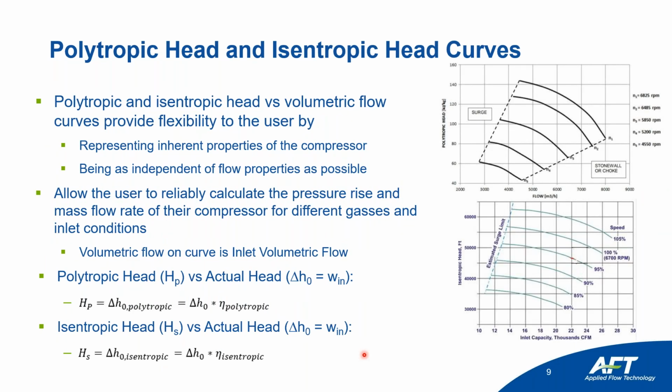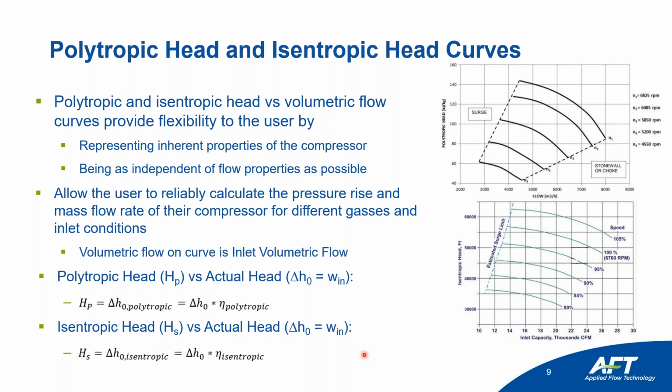So before we get into the equations, I'm going to talk just a little bit more about the theory behind these. Polytropic and isentropic head versus volumetric flow curves provide that flexibility. Once again, just like the pump curves do, they represent the inherent properties of the compressor and try to be as independent as possible of the actual flow properties and gas properties.